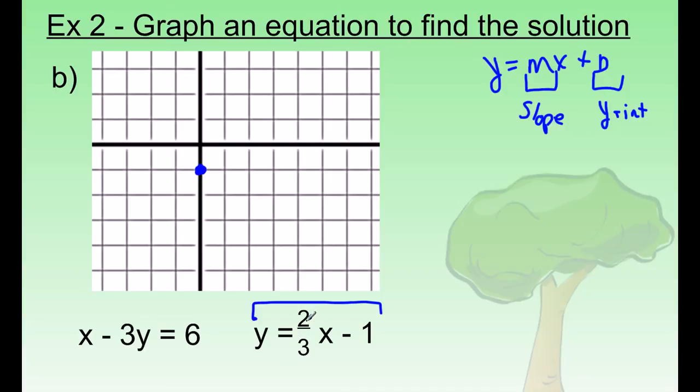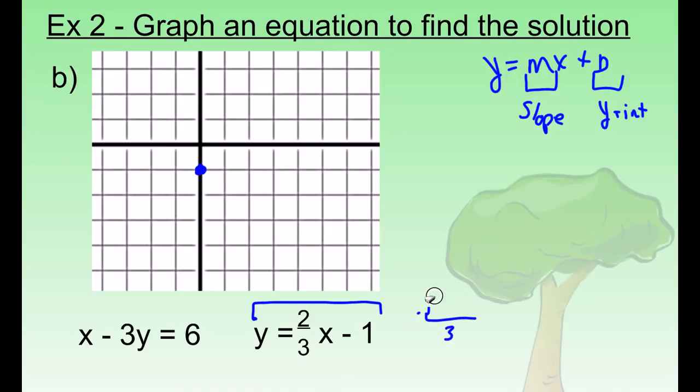And now I'm going to move the way the slope tells me to move. The slope tells me to go up 2 because this is positive. If that was a negative, I'd be going down 2. If this was -2/3, I'd go down 2 over 3. But it's not. It's positive.